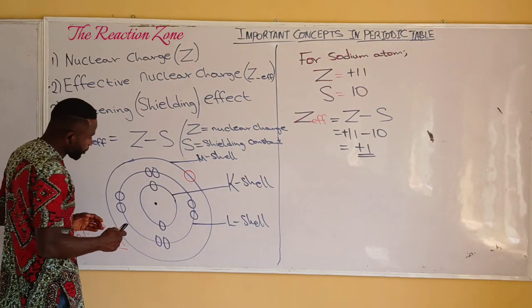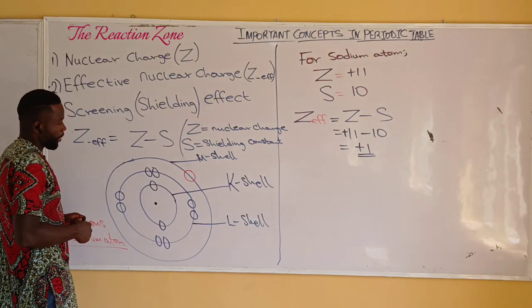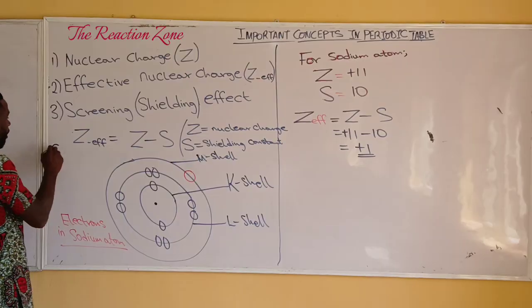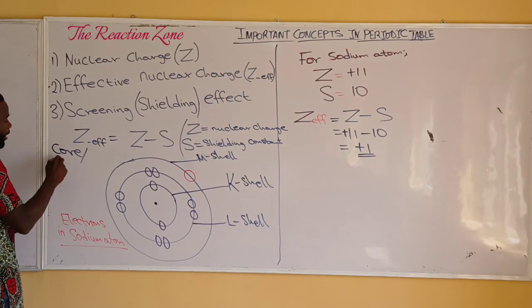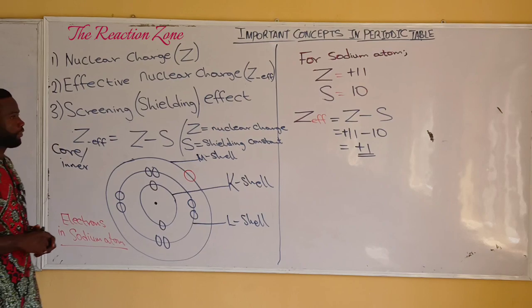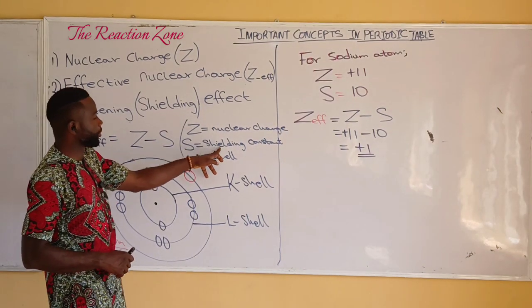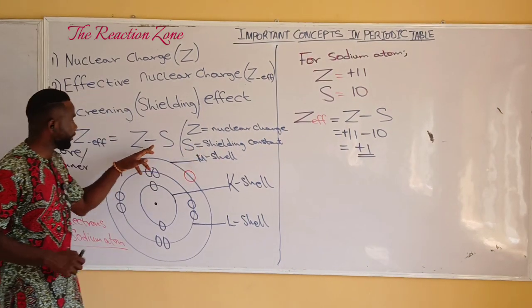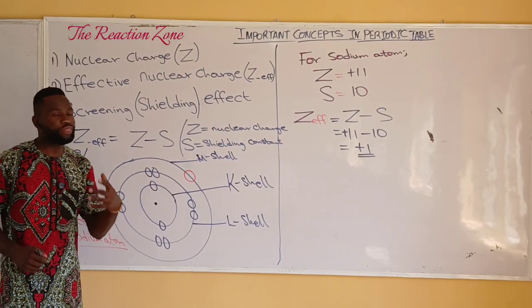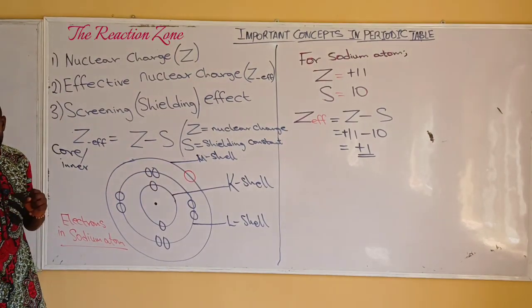The electrons of the K shell and the L shell make up the core or inner electrons. The shielding constant, which is represented by S in this formula, represents the approximate number of inner or core electrons.